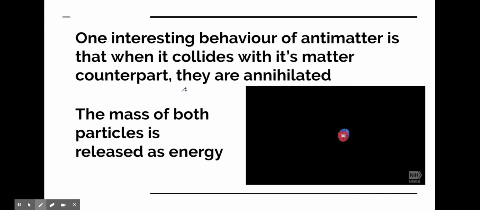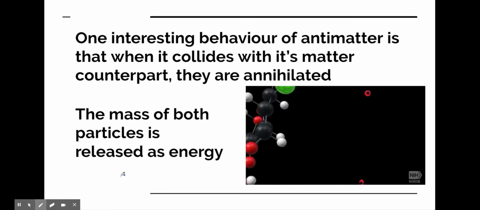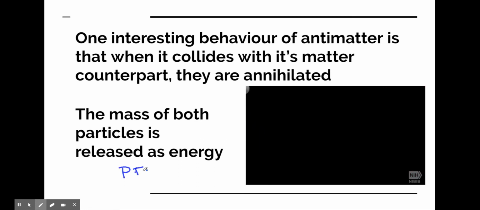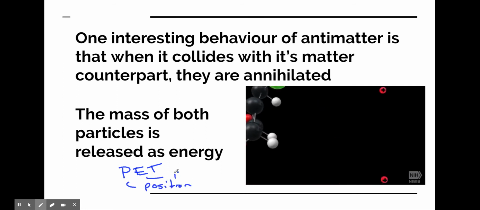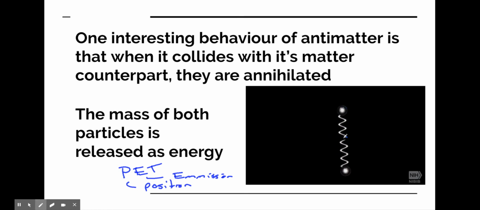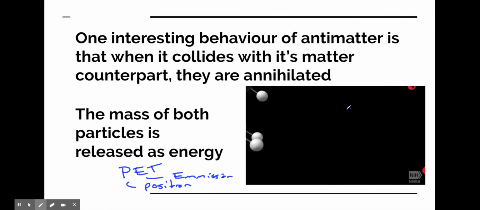For anyone thinking about medicine or interested in medical sciences, you may have heard of something called a PET scan. A PET scan is a scan that at its base uses what's called positron emission tomography. It takes a positron-electron interaction, and when these two gamma particles are produced, the image can be collected of where that occurred.